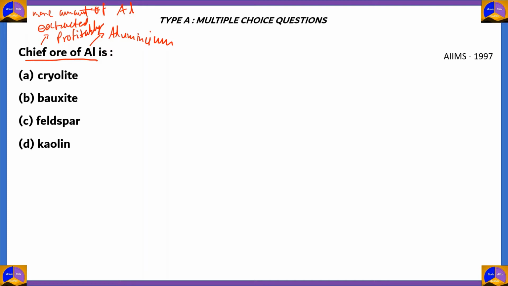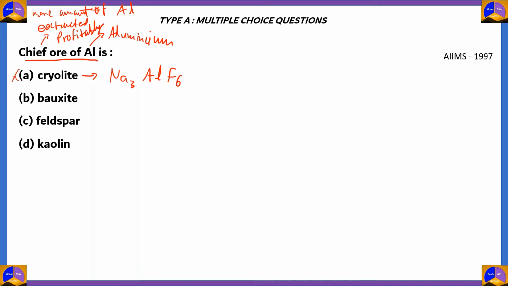So we have four minerals which contain aluminium. We need to find out which of these is the chief ore. Now option A is cryolite. Now cryolite is Na3AlF6. Now this is an ore of aluminum, but however, this involves more energy, so it's less profitable.